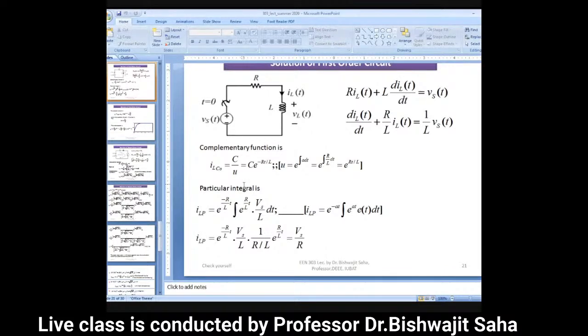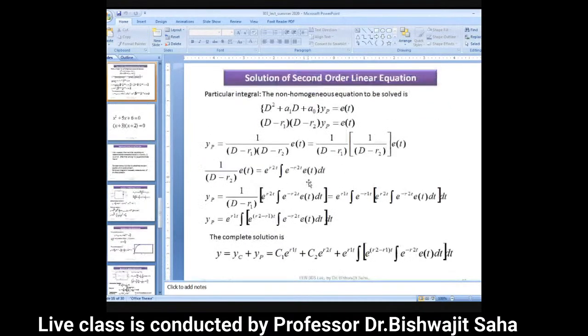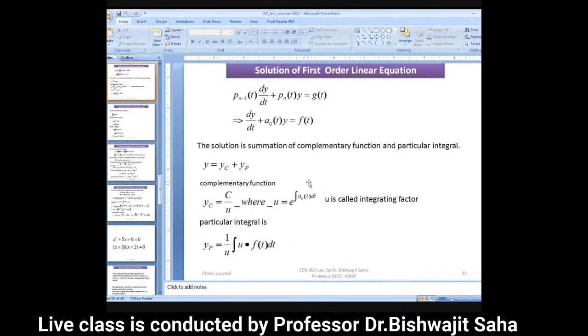To understand this one, you have to go back to the first order linear equation. If you look at this equation of complementary function, C by U, where U is the integrating factor, e to the power integral A0 dt. If you go back a little bit, how A0 is coming, if you look at the given equation, then you can find where A0 is. Understand? Yes, sir.